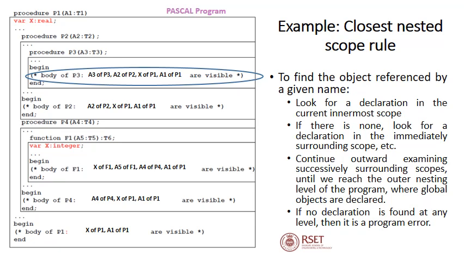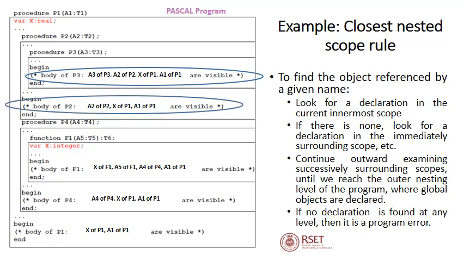If you notice the comment within the begin and end part of the procedure P3, you can see what is visible within P3. All the objects and arguments of the outer functions will be visible within the innermost nested subroutine. For instance, A3 is visible within P3 obviously, A2 of outer function P2 is visible, X of the outermost function P1 is visible, as well as argument A1 of P1.